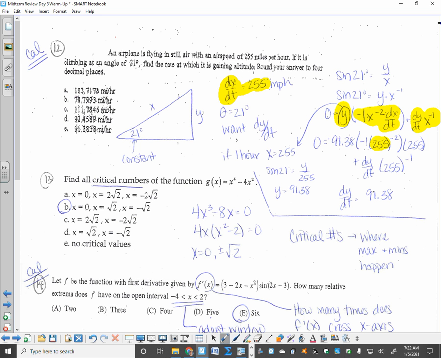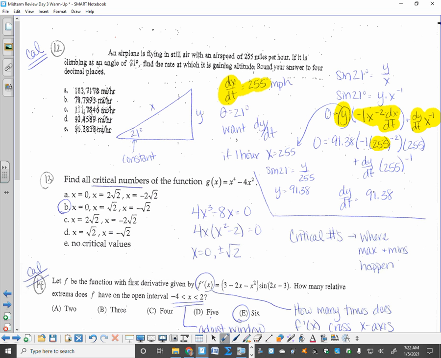I need an x and a y. This is where we said if we've been traveling for an hour and we're going 255 miles per hour, then x would be 255.